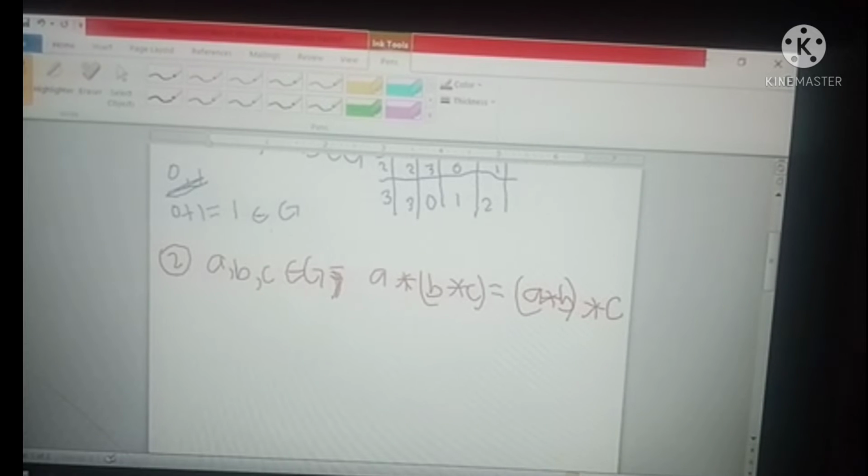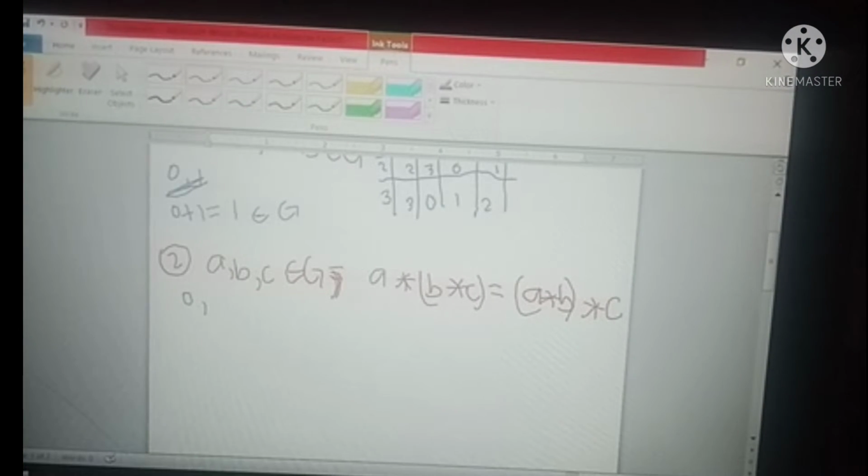So we are using the Cayley table. We have the elements; we can select 0, then 1, then 3. We have three elements. For associativity, the results should be the same.